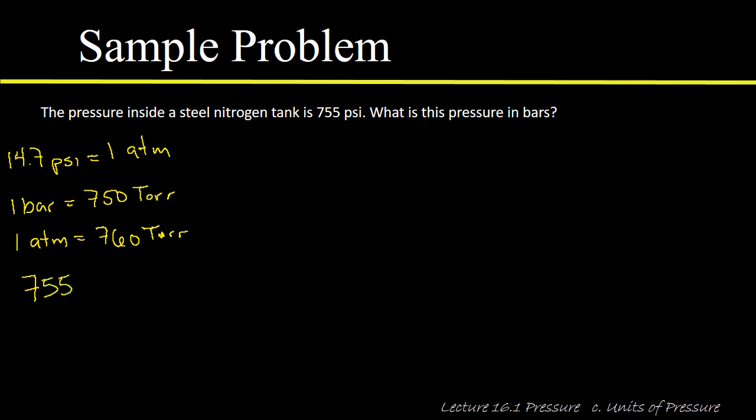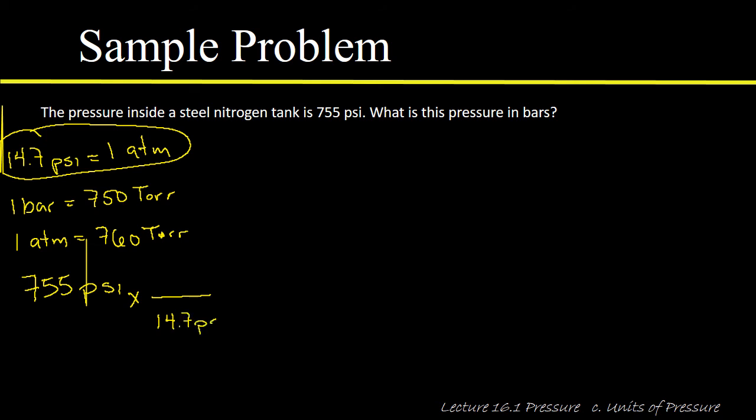Got 755 psi. We use this first conversion factor up here. We want the psi to cancel, so we'll put psi on the bottom: 14.7 psi and 1 atmosphere on the top.